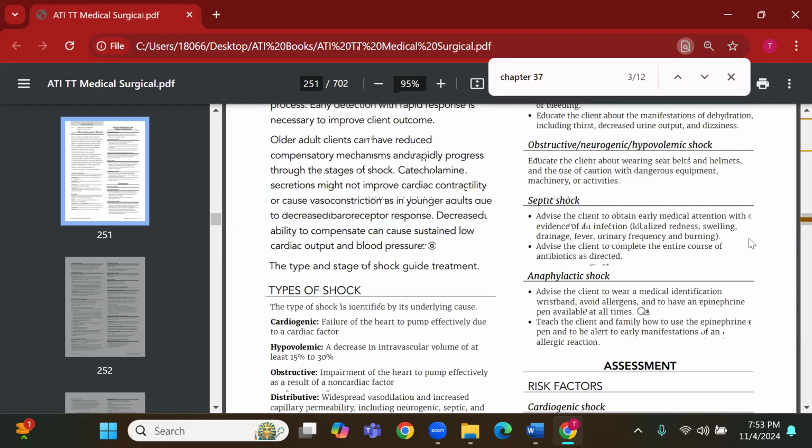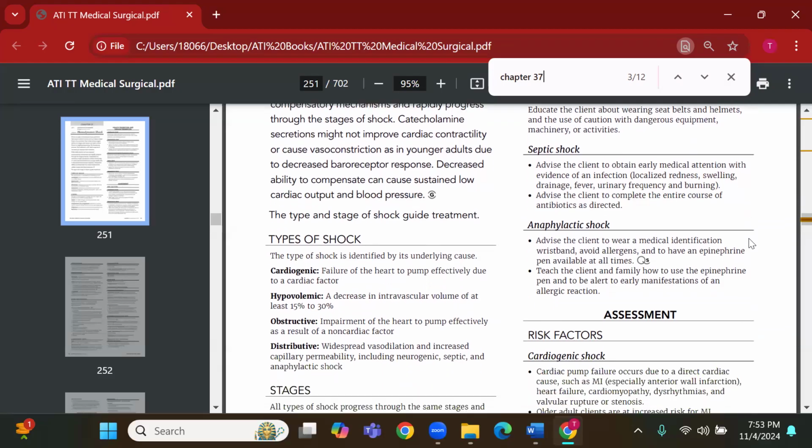Remember, older adults can't compensate very well. Their bacteria could take over their system fast. And so they're more likely to go into septic shock. It says, advise the client to complete the entire course of antibiotics. This is exactly why you have a patient who has a bad infection complete the whole course. We do not want them to have septic shock.